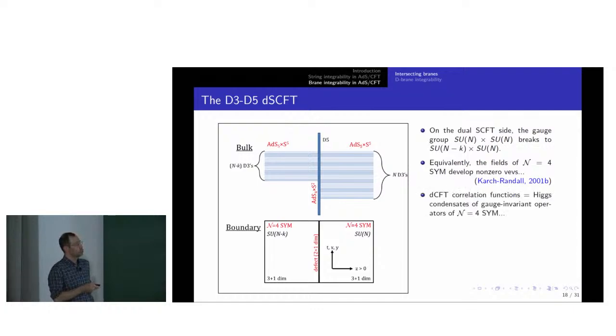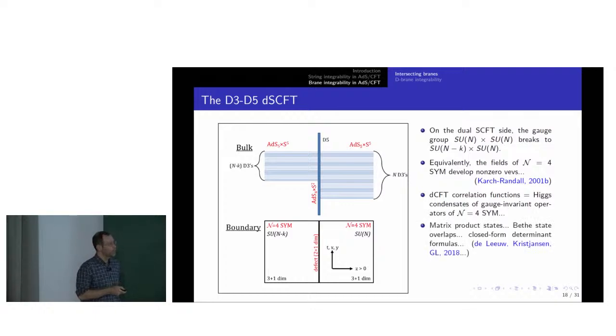And one can use this fact in order to compute correlation functions as Higgs condensates of gauge invariant operators of N equals 4 super Yang-Mills. And by introducing matrix product states, one can compute Bethe state overlaps and obtain closed form determinant formulas, which of course are a manifestation of quench integrability.